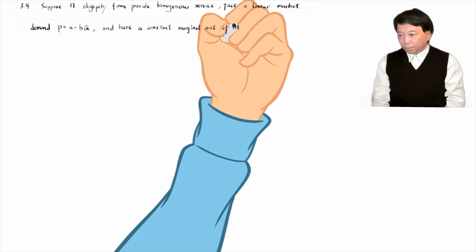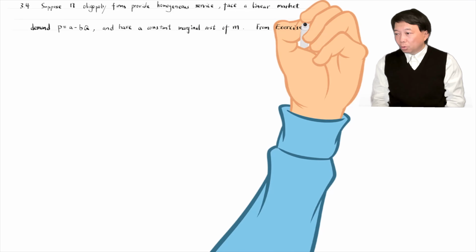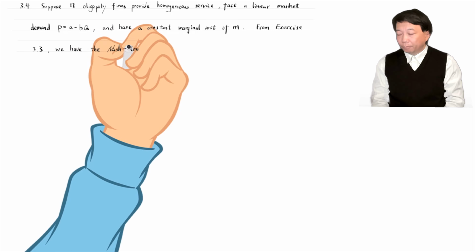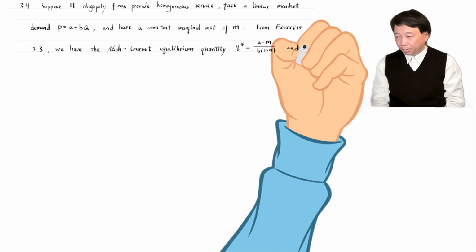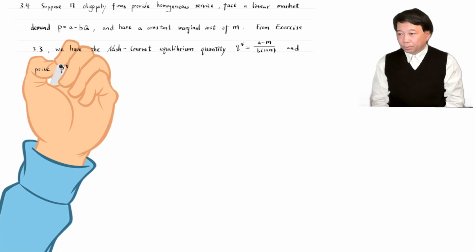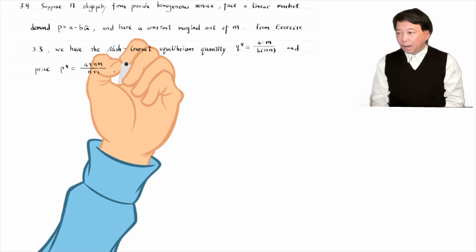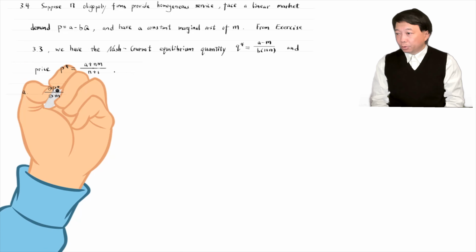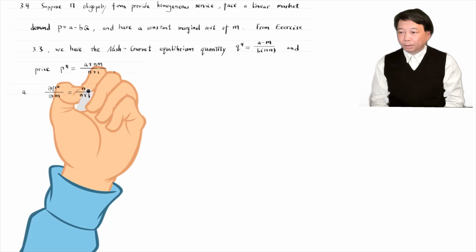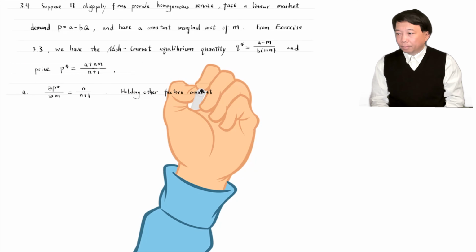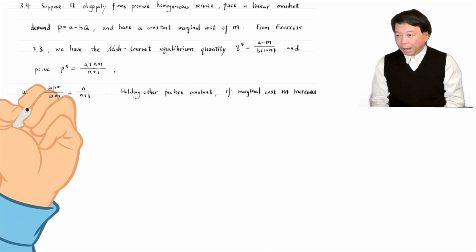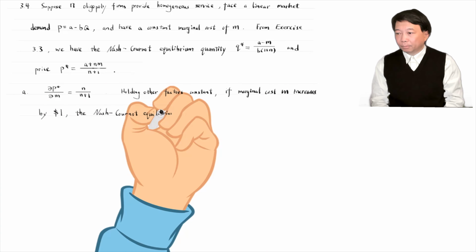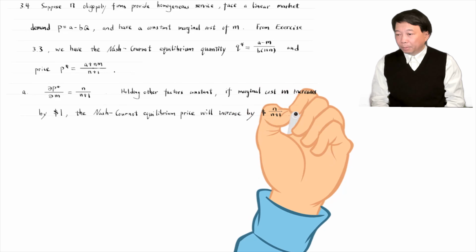In the last exercise, we have derived the Nash-Cournot equilibrium output of each firm and the equilibrium market price. They are functions of the parameters A, M, and N. The partial derivative of P star with respect to M indicates that, holding other factors constant, if marginal cost M increases by $1, the Nash-Cournot equilibrium price will increase by N over N plus 1.